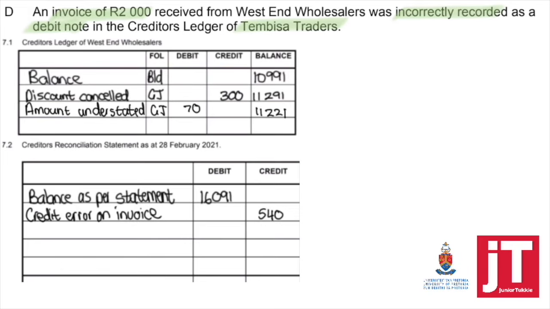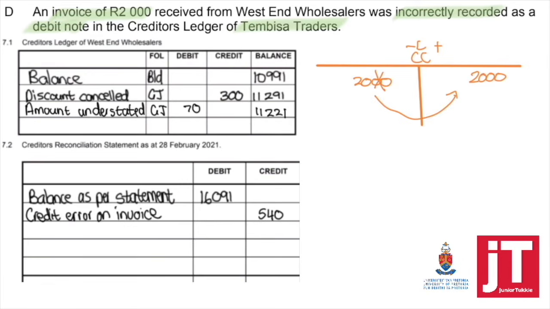So number one, you need to understand an invoice will appear in our books on the credit side. But now we've incorrectly recorded it as a debit note, which means that we've debited the account incorrectly. So we've debited our account with 2,000. It's supposed to be credited.